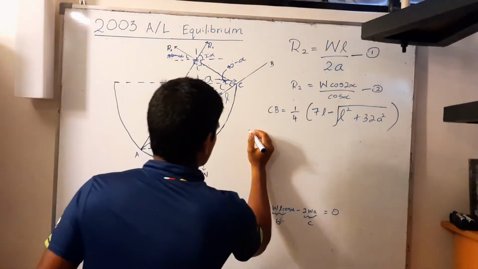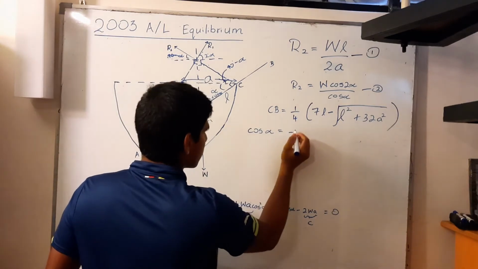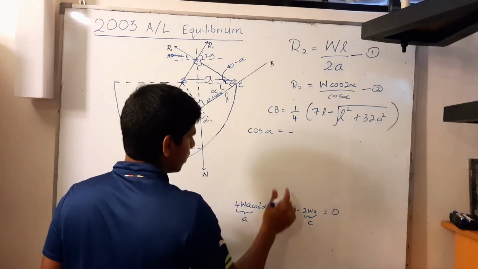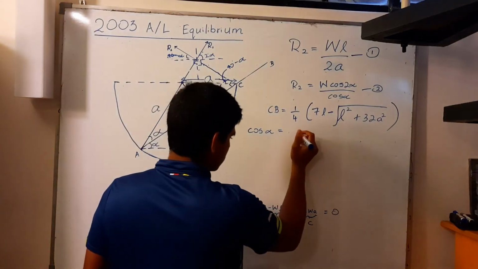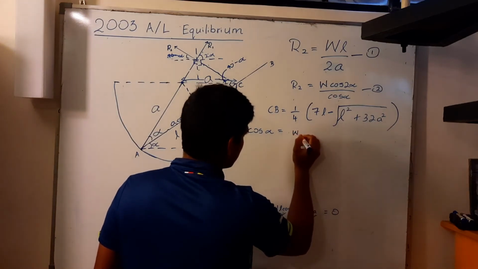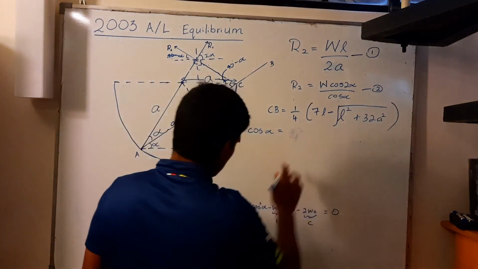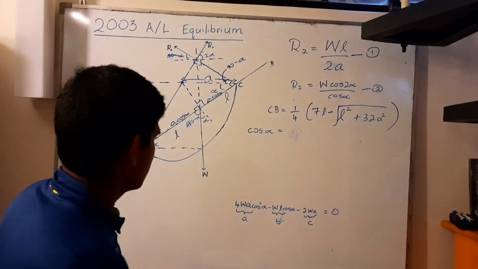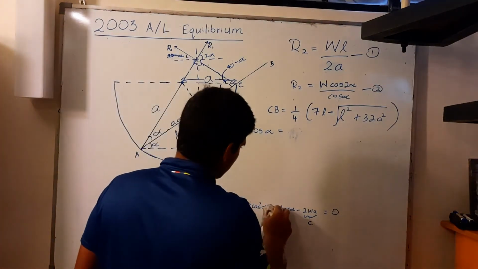So cos alpha equals minus b, so minus into minus WL is plus WL. Oh sorry, I made a mistake. As you can see over here, W is common to all three terms, so we can cancel out the W. So the W is not necessary.